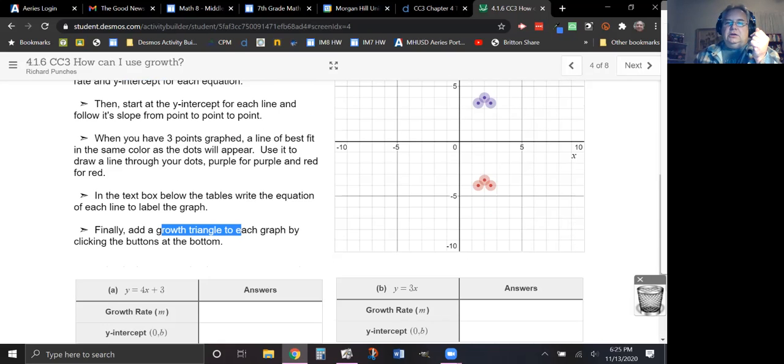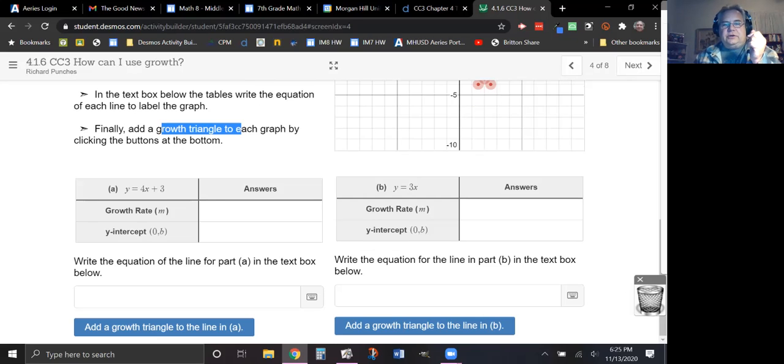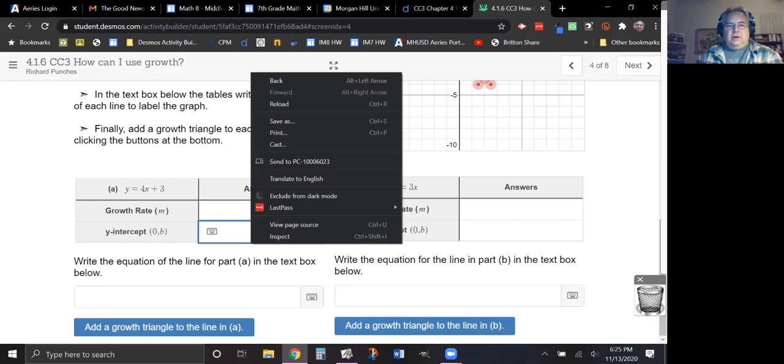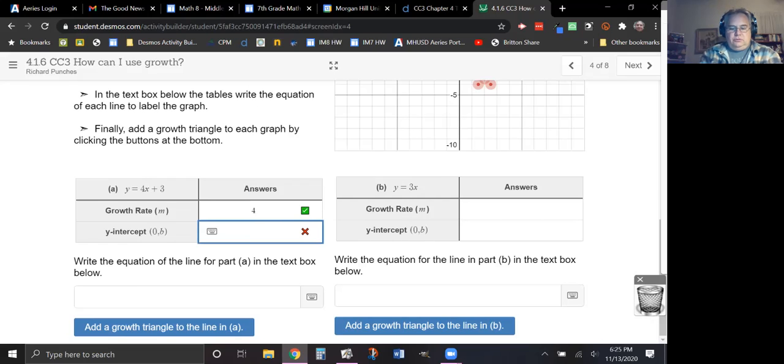So here we go. First of all, in y equals 4x plus 3, the growth rate would be 4. And the y-intercept is going to occur at 0, 3. Now this time, which is different from last time, I'm asking you to write it as an ordered pair.